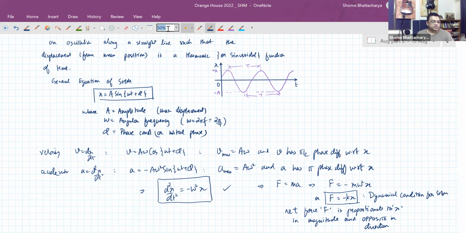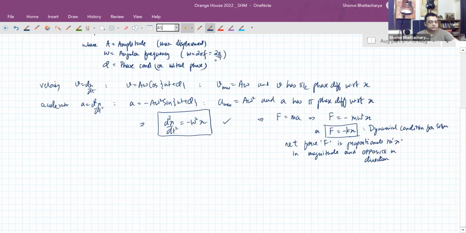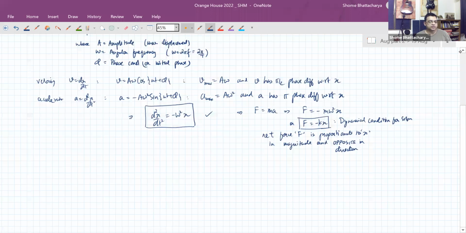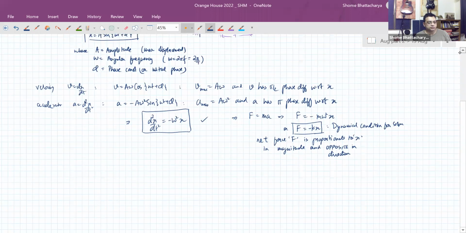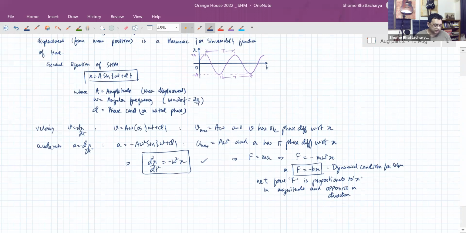Okay, so these are some of the things that we are going to be working on in the numerical applications when we see today. Just make sure that these basics up to this point are clear.